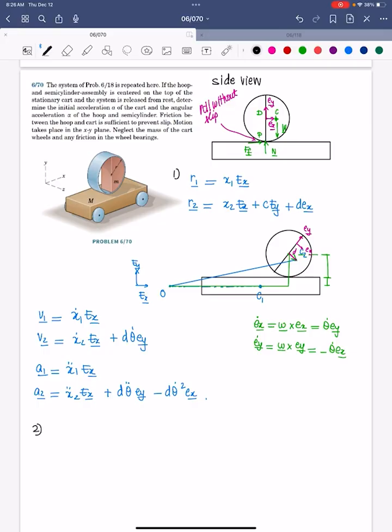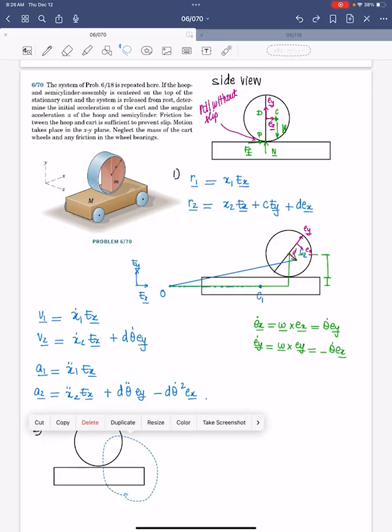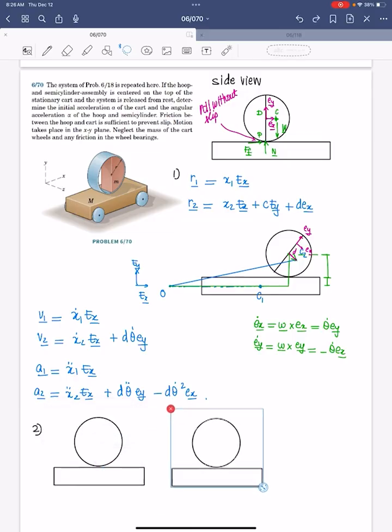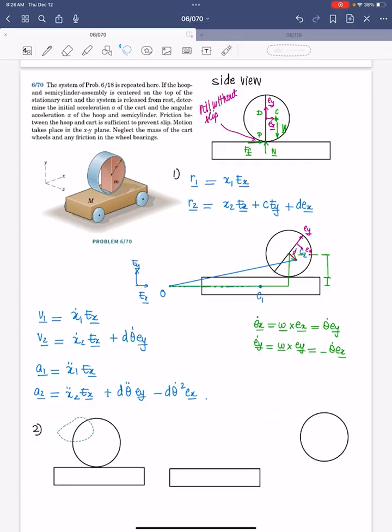The second step is we're going to draw the free body diagram. Here we can consider the two systems combined or each system on its own. Let us do all the possibilities. So, combined system, which is equal to the cart and the semi-cylinder.